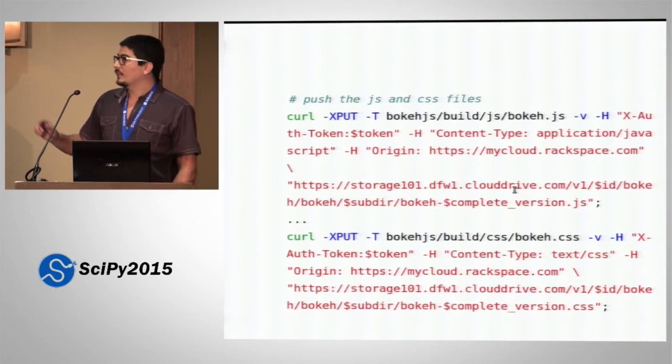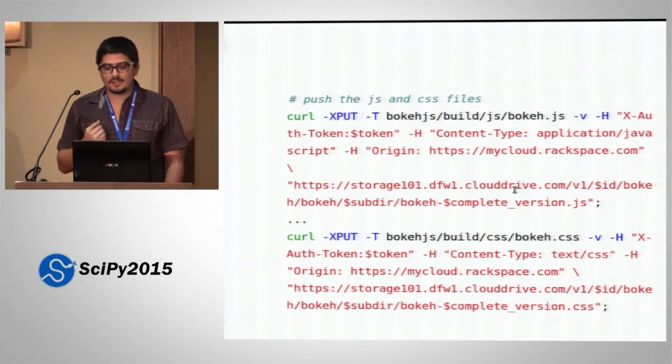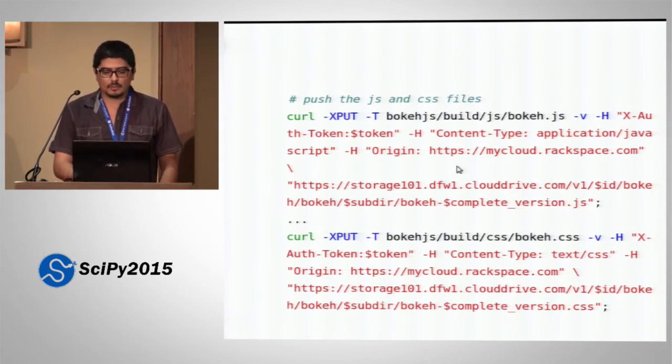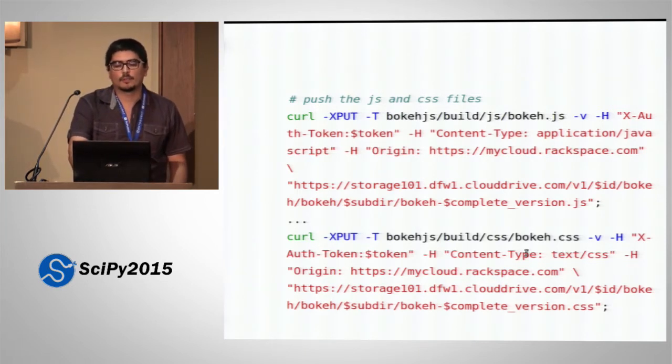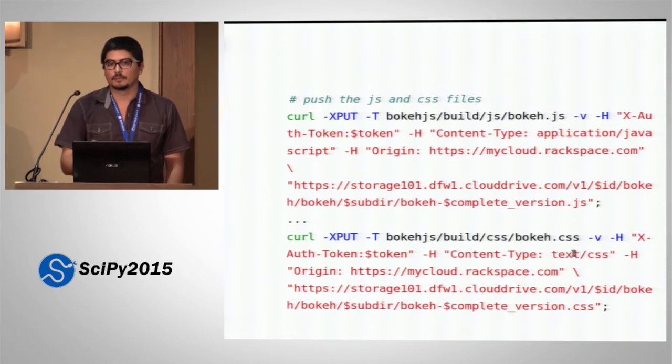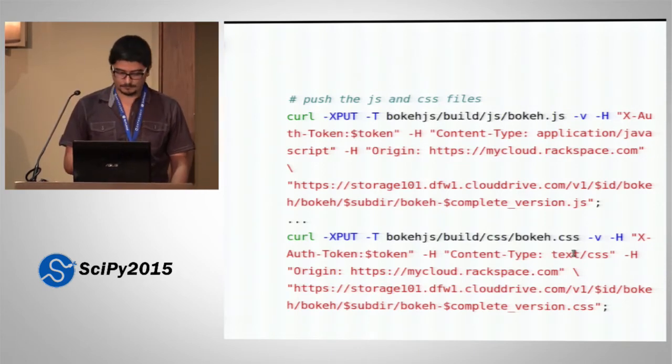And essentially, with that, you can push your files, in our case, the Bokeh.js and Bokeh CSS files, using that token and that ID. And you have to be aware of the content type. In our case, we need to upload a JS file and a CSS file, so you have to put the right content type to make it right.